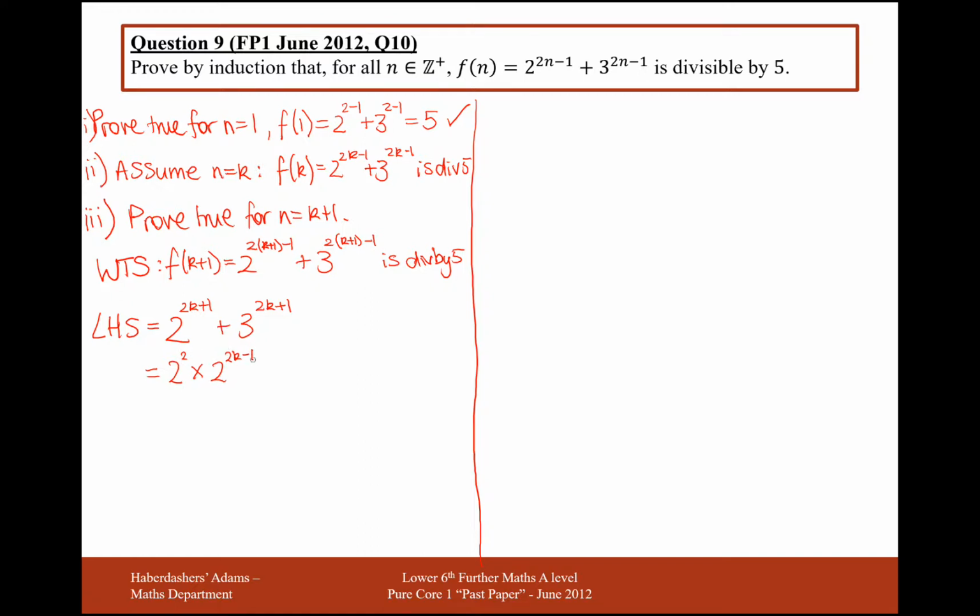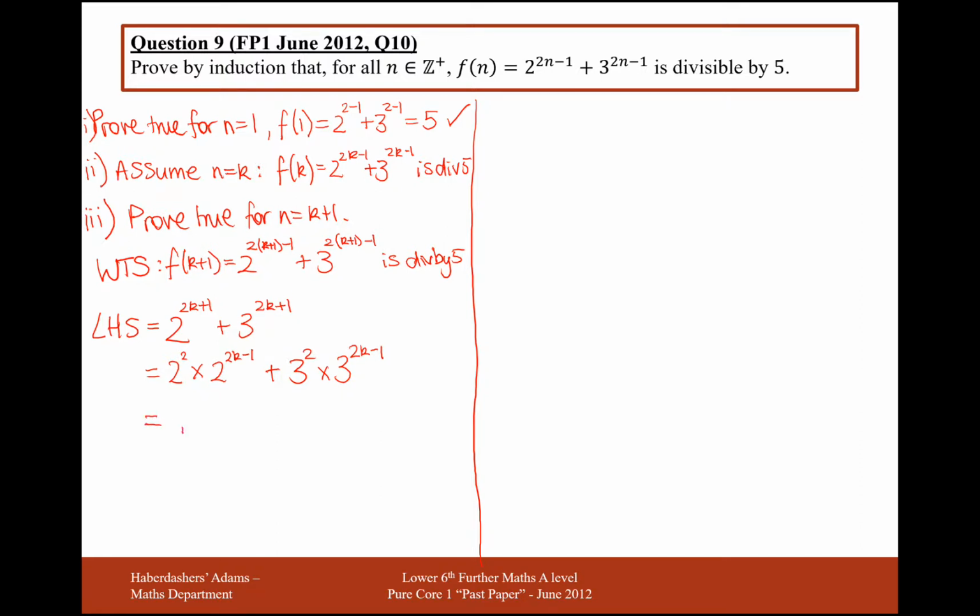You can see here if I was to put these back together, I'd end up with 2 to the power of 2k plus 1. And I'm going to do exactly the same thing with 3 squared times 3 to the power of 2k minus 1, pulling 2 of these 3s out of this expression on the top here.